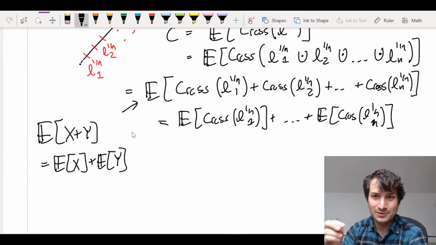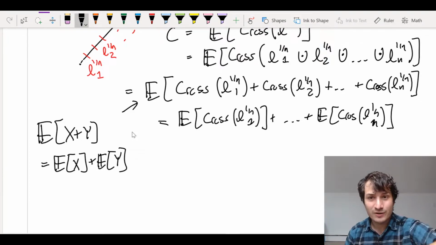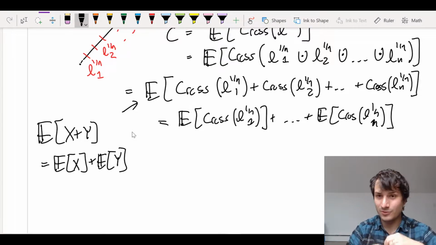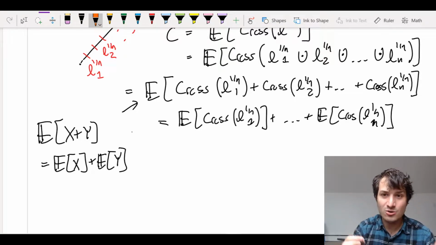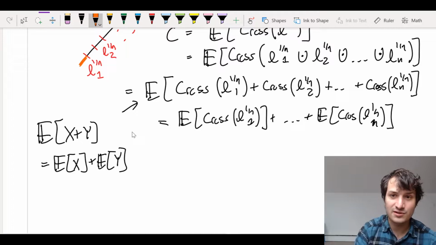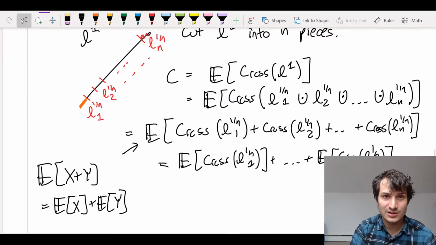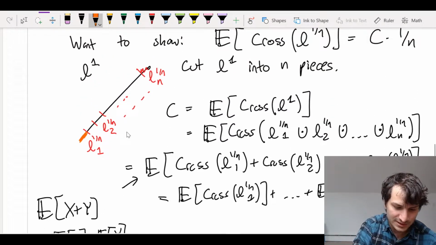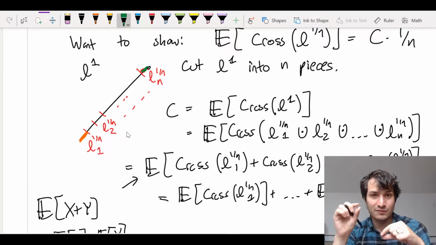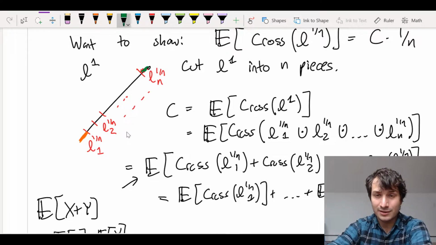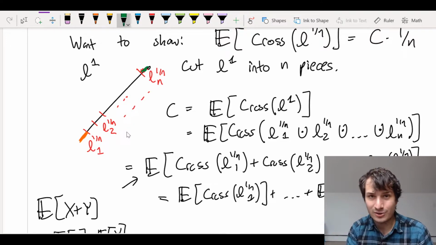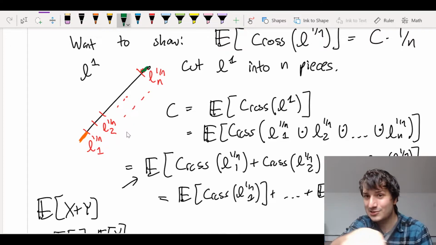Okay, here is the cool thing. Because we're throwing these things randomly onto the grid, there is no difference between the expected number of crossings of one piece and any other piece. So let's compare, say, the first piece here to the last piece here. So they're both line segments of length 1 over n, and we throw them onto the grid. And sort of they don't care about the other guy. So the green little piece over here is going to be somewhere random.